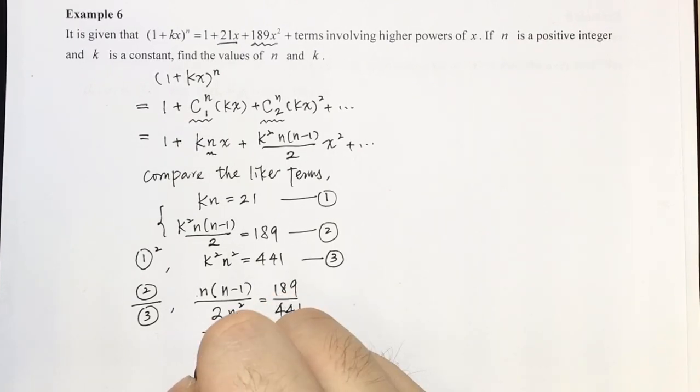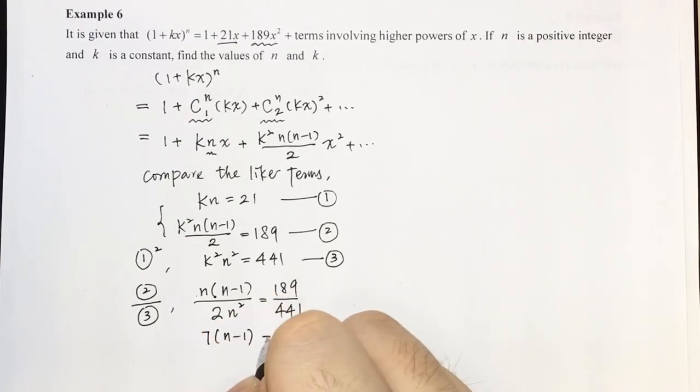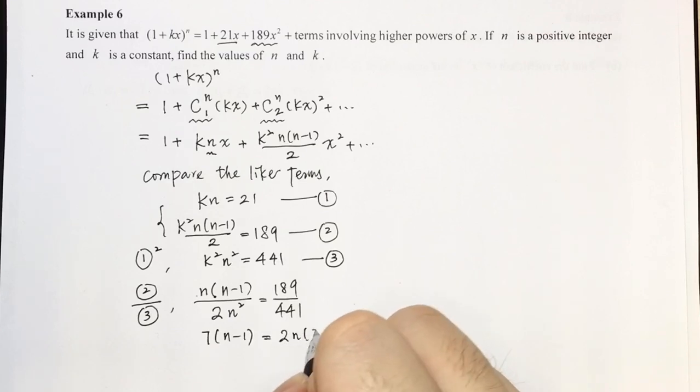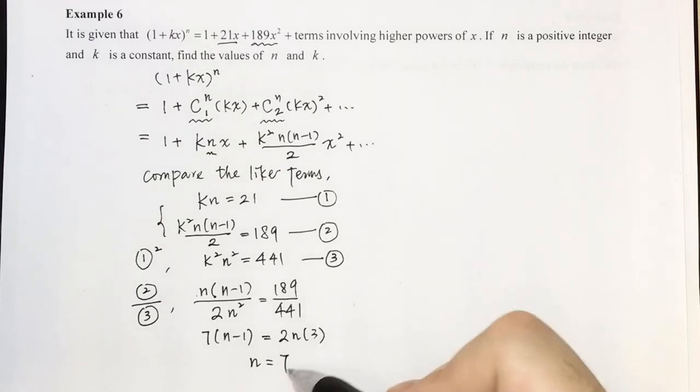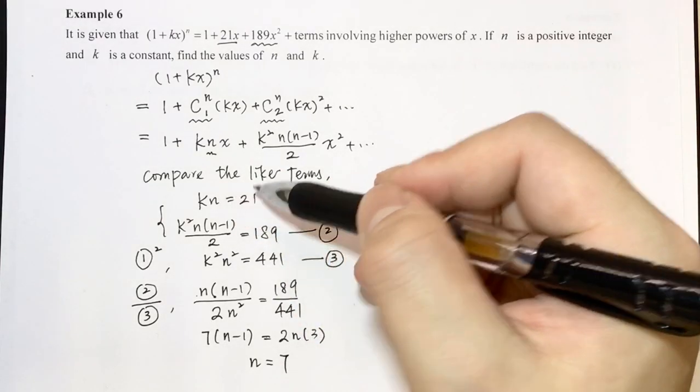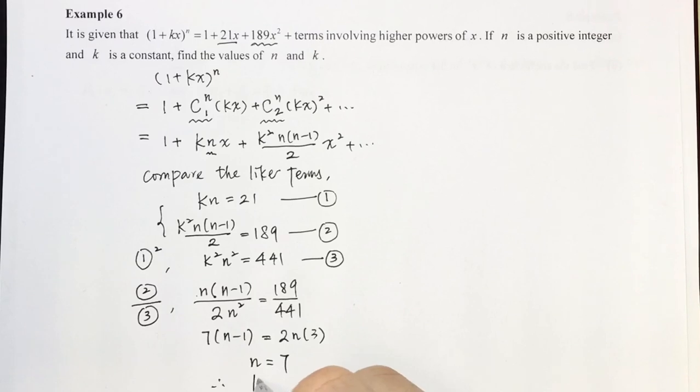So we will have 7 times n minus 1 equals 2n times 3. So you will have 7n minus 6n, that is 1n, and thus n is 7. And by substituting back, k is 3. So n is 7, k is 3. So we have found the value of n and k.